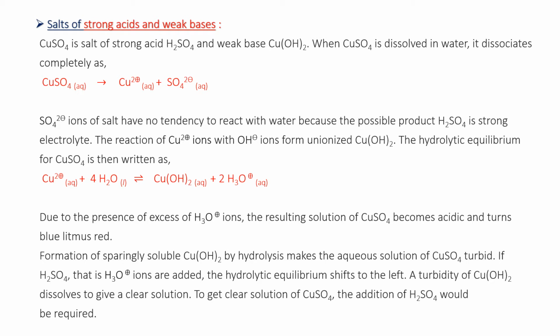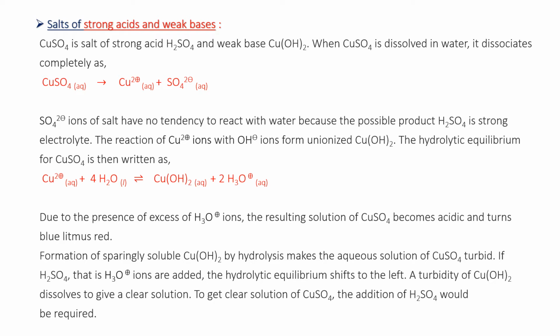Now in this case, the formation of a sparingly soluble Cu(OH)2 by hydrolysis makes the aqueous solution of copper sulfate turbid. So when you dissolve copper sulfate in water, you get sparingly soluble copper hydroxide from that. And if H2SO4, that is H3O+ ions, are added, the hydrolytic equilibrium shifts to the left.